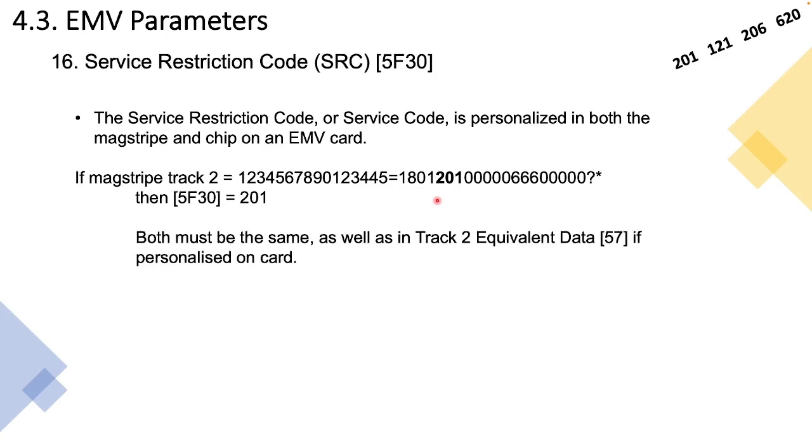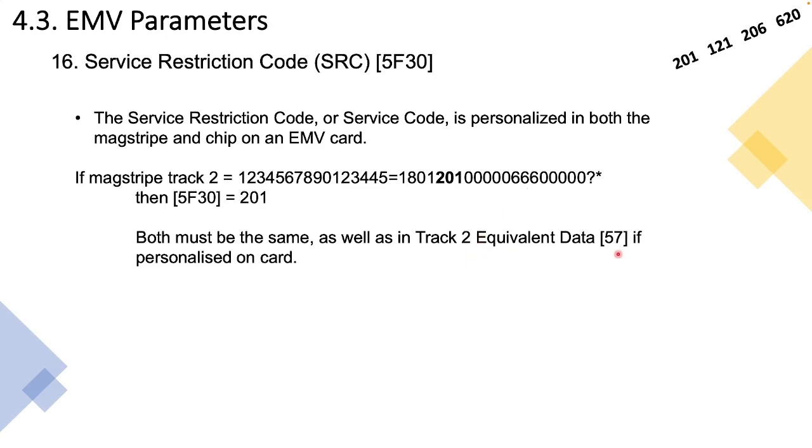Okay, as well as there's another tag on the card, tag 57, which is track 2 equivalent data. Which is similar to the mag stripe track 2, except that the calculation for the CVC is different.